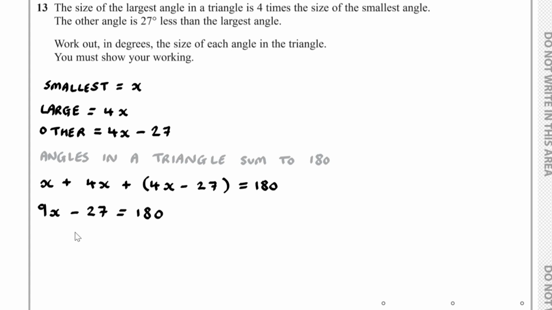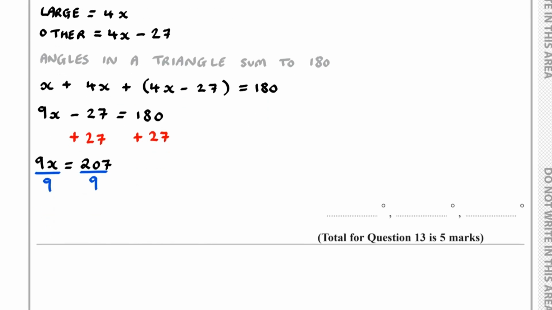If we add 27 to both sides, we would have 9x equals 207. And if we now divide both sides by 9, then we can conclude x is equal to 23.